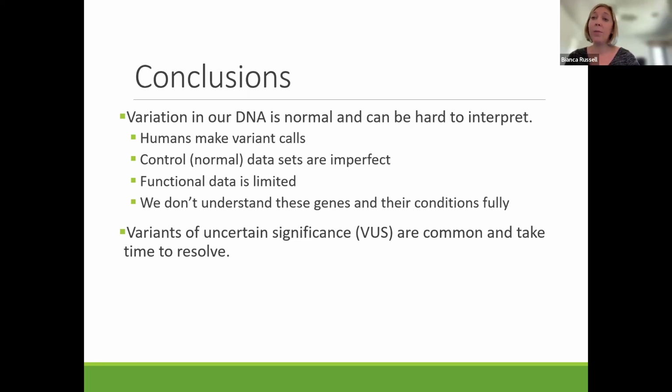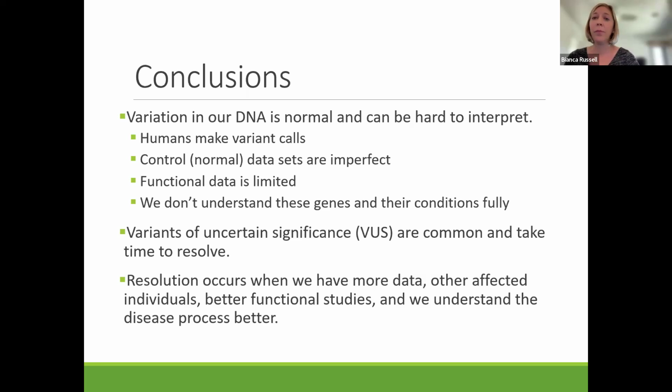So it can take many years before we are able to resolve or fully understand some of these uncertain variants. And again, that resolution process really occurs when we have more data, when we have other affected individuals, and we have better functional studies, and when we can really truly understand the disease processes better.